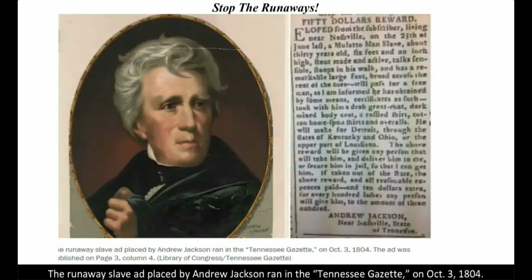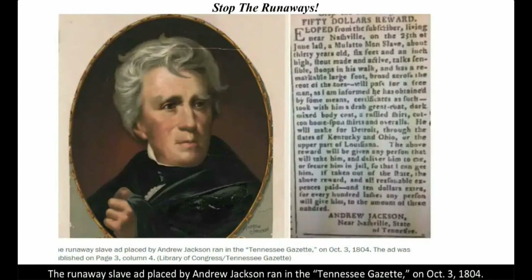about 30 years old, 5 feet 1 inch tall. He speaks reasonably well, and he has a remarkably large foot. He speaks tolerably well, I think that's how it was worded, with a remarkably large foot.